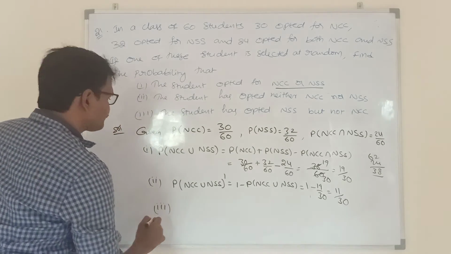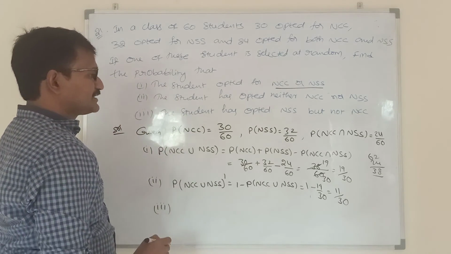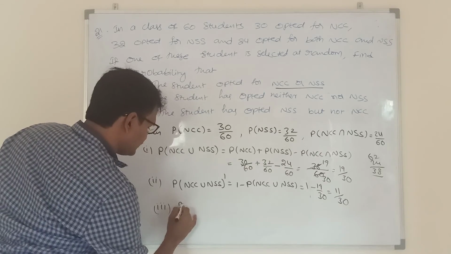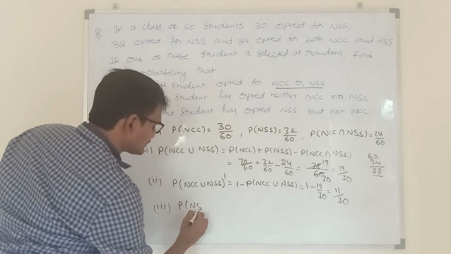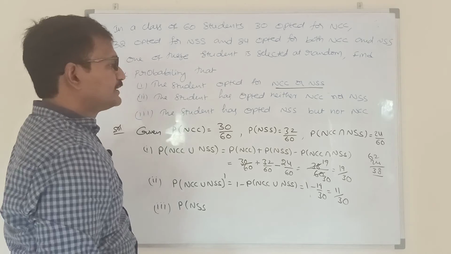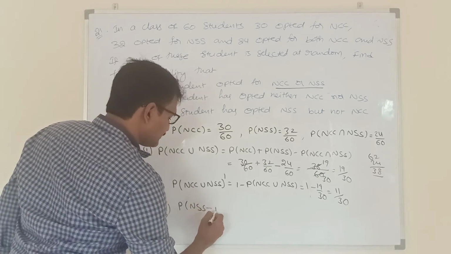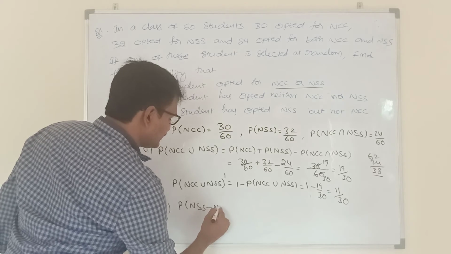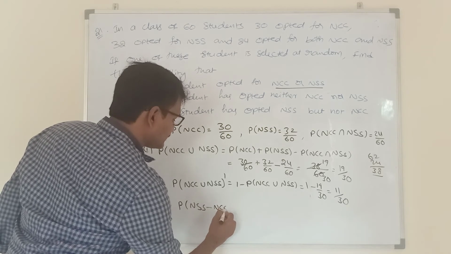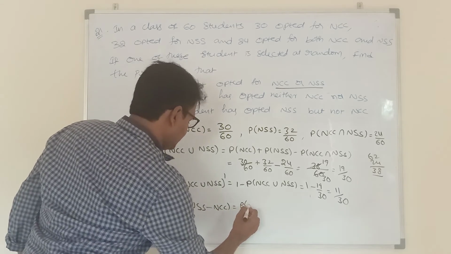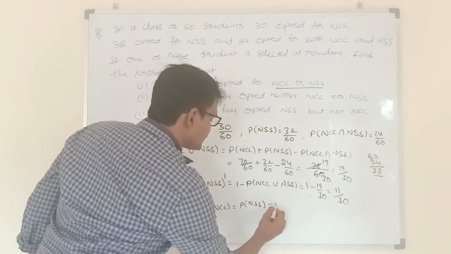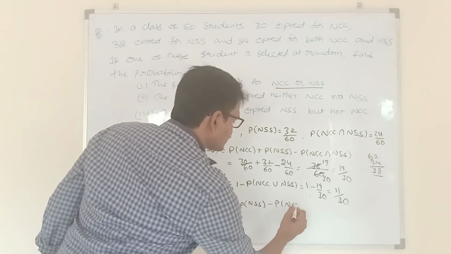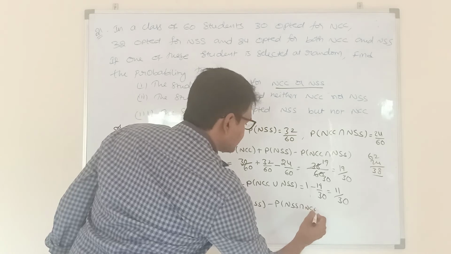Third question. The student has opted for NSS but not NCC. P of NSS but not NCC. But not means minus NCC. That means P of NSS minus P of NSS intersection NCC.